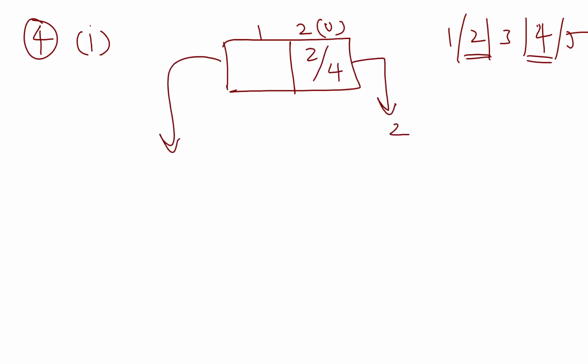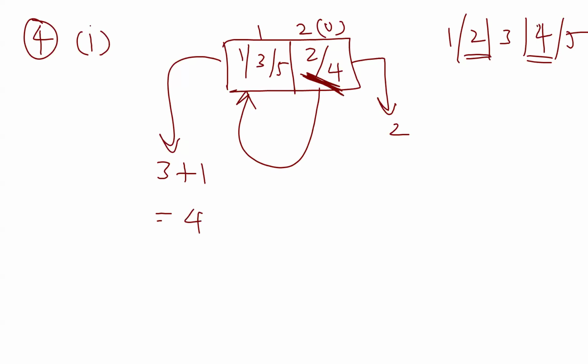And here 1, 3 and 5, 3 ways. Plus, now both will not be occurring simultaneously over here. We'll use any one out of these two, so the other one can be utilized over here. So that is one more way. So these are 4 ways: the 3 odds and the 1 even which is left.